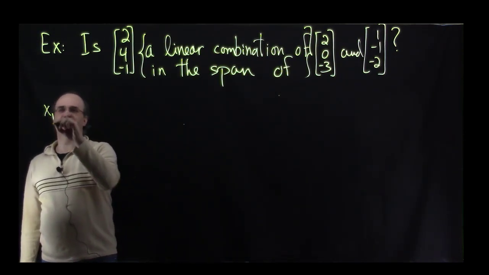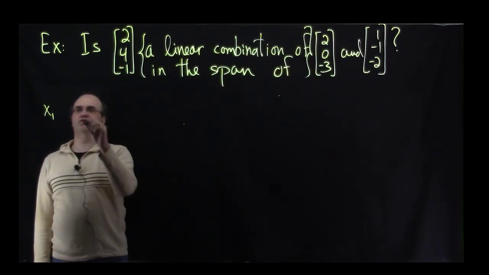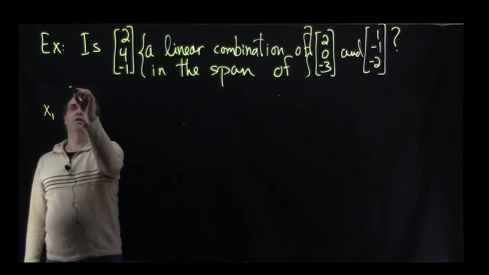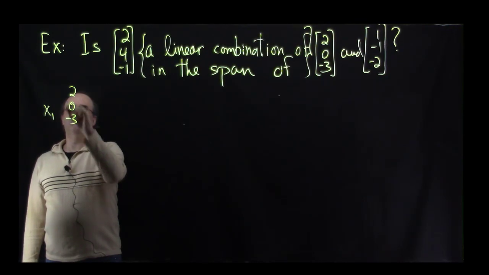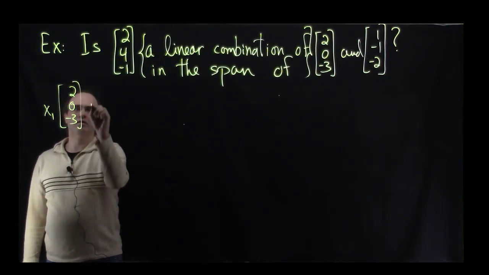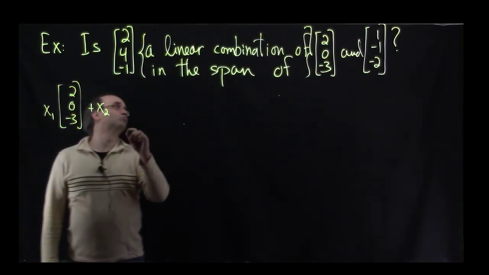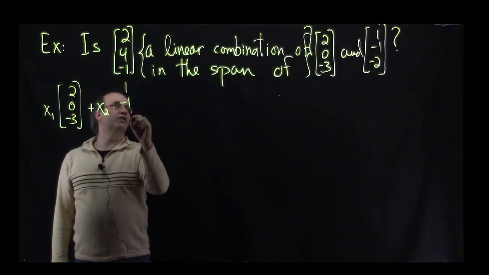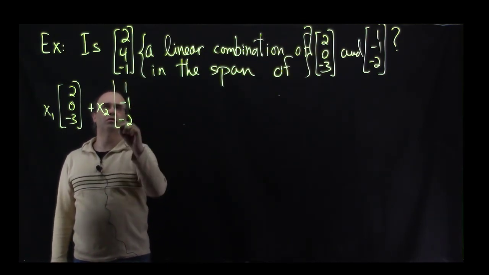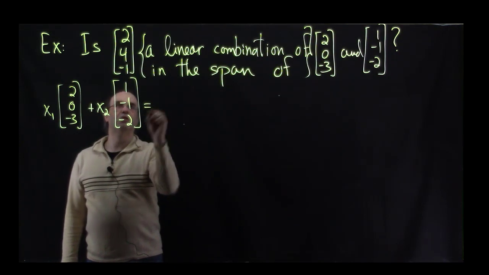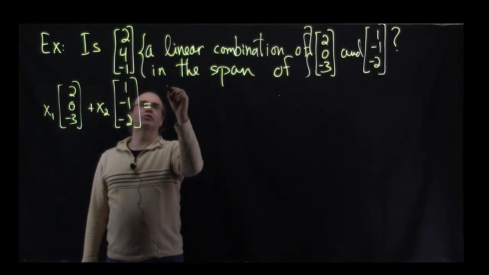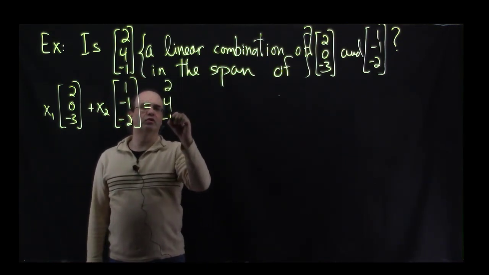So I want to see if I can find x1 and x2 such that x1 times (2, 0, -3) plus x2 times (1, -1, -2) is equal to the vector (2, 4, -1).